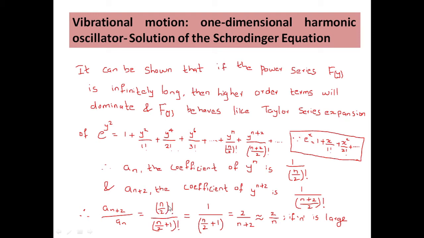So here the numerator and denominator will cancel to give 1 by n by 2 plus 1, or that can be written as 2 by n plus 2, and for a large value of n, this is approximately 2 by n. So this is the peculiarity of this Taylor series.